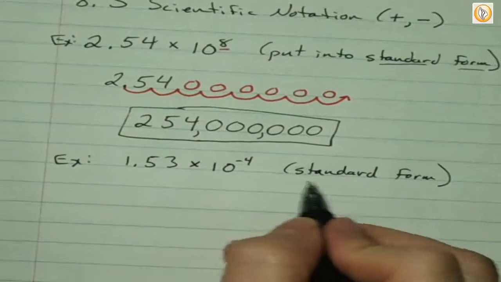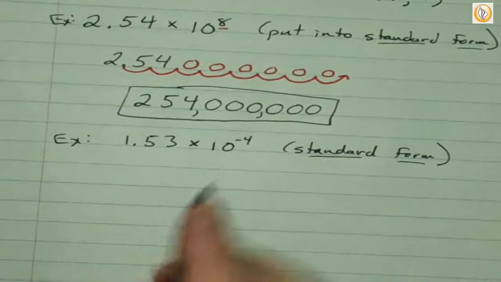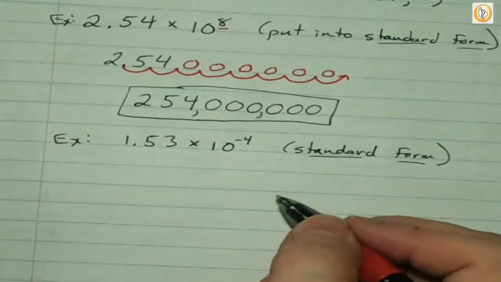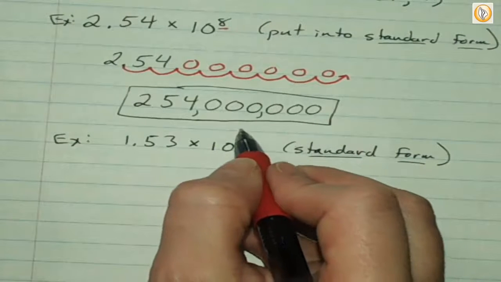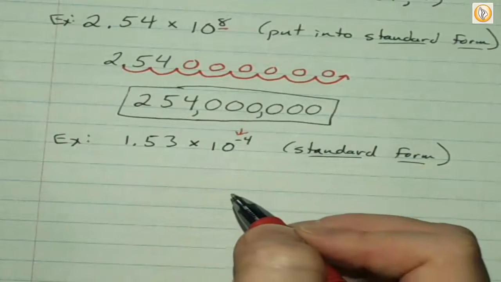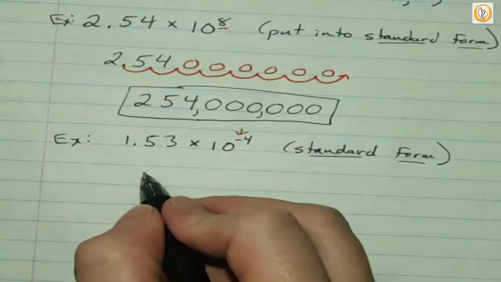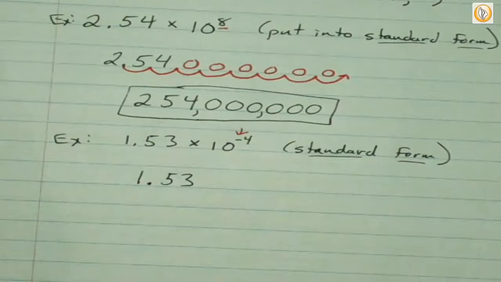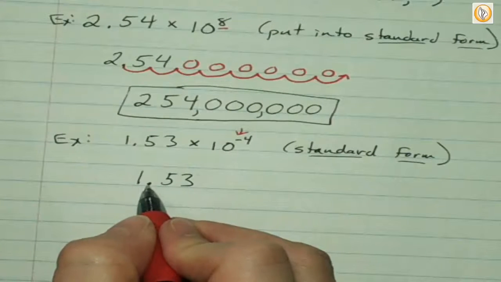That means we're taking it out of scientific notation, and we want to bring it back to its regular number. If we have a negative, then the regular number is probably going to be a big ugly. So if I have 1.53, this time I'm moving the decimal to the left.